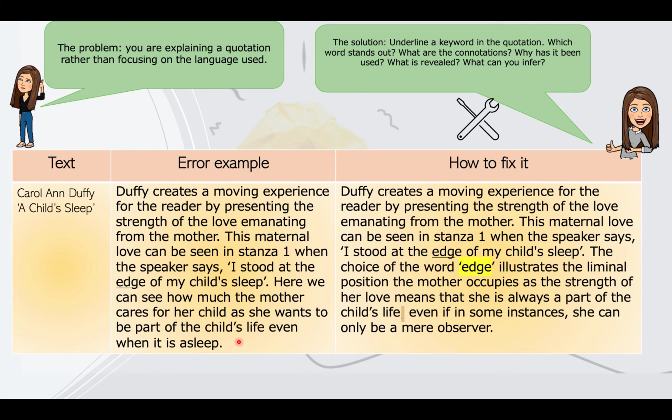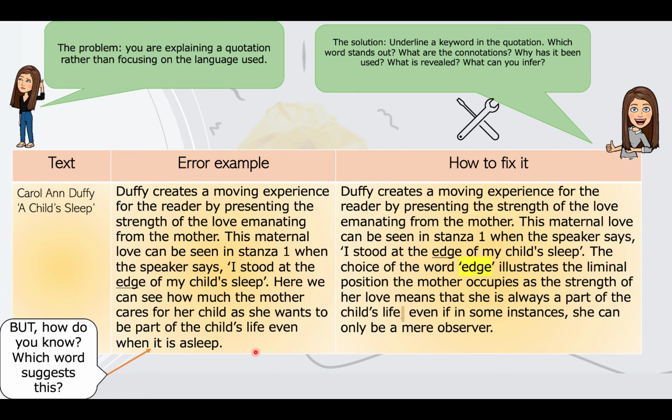Now that is a good explanation, but it isn't analysed. We really want to look at the language used, and as you can see I've already looked at what really stands out, and it's this word edge, and it gives this quotation an image that you can focus on. So that word really creates imagery but also helps you to understand the strength of the mother's love. And you've got to ask yourself, when you're explaining a quotation, take it further.